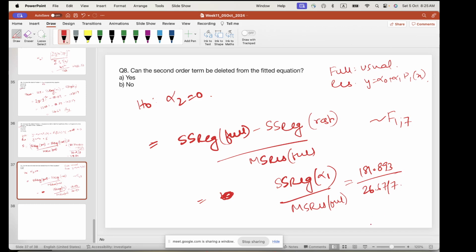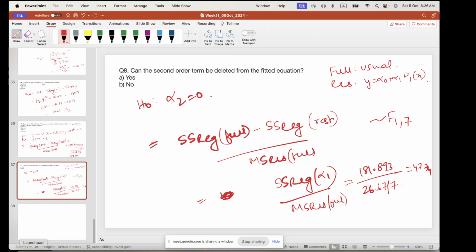So this one is 181.89 divided by 26.67 into 7. So this was something close to 47.74.